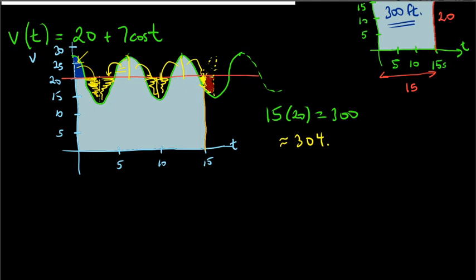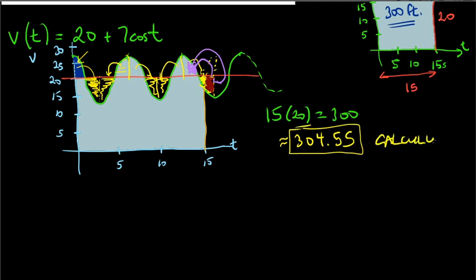But because this red area in here is not accounted for, and it is accounted for up here, there's more area up here than there should be. Right? This area would go down here, which is past what we want. So yeah, we get something that's slightly bigger than 300. And it's about 304.55.